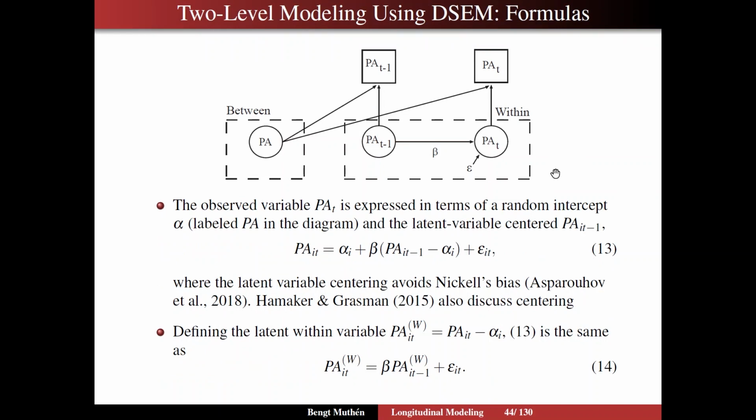Now, if you look at that from the point of view of formulas, relating to where we ended up just before we turned to DSEM, in our discussion about regular two-level modeling and what was missing there, we talked about the observed variable being expressed in terms of a random intercept, alpha, which is labeled PA in the between box in the diagram, and a latent variable centered PA_it minus 1.